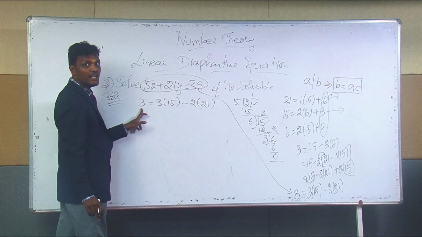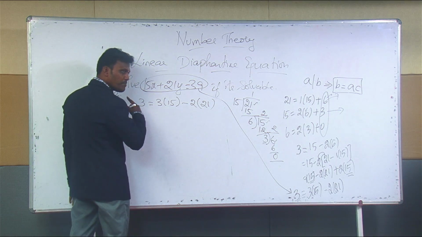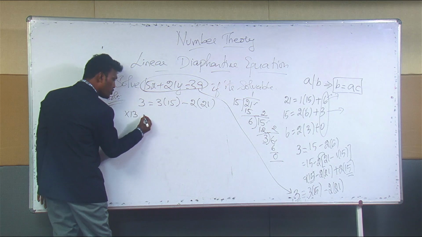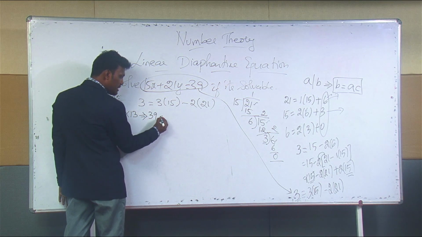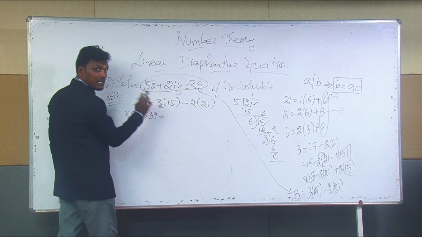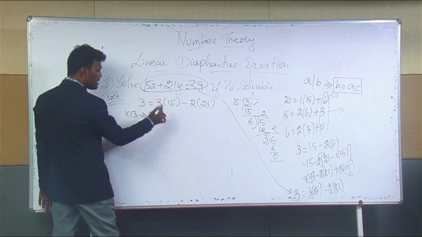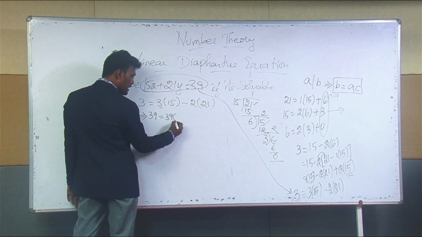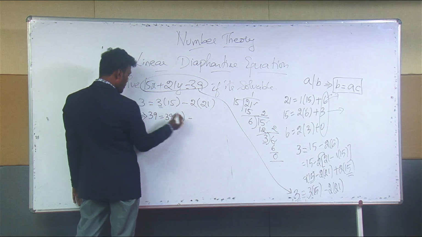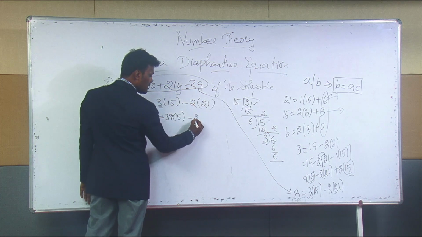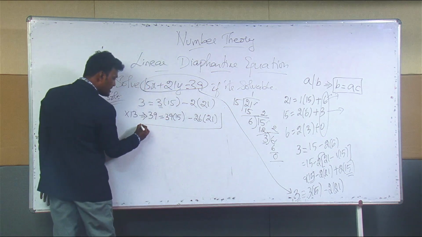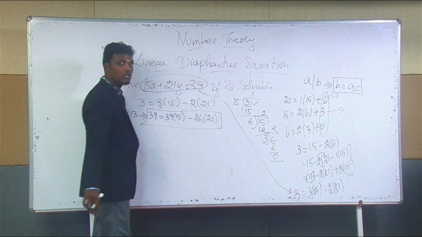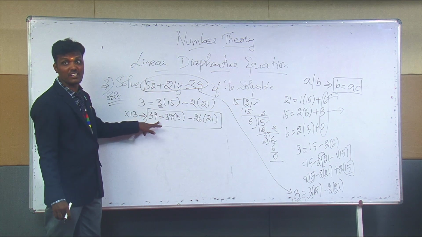Just multiply by 13. So just multiply 13 throughout the equation. What will the value be? Here 13 3s are 39. Just multiply here alone. So 3 into 13 is nothing but 39 into 15 minus 13 into 2 is 26 into 21. Now we just compare the original question with this expression, the linear combination.